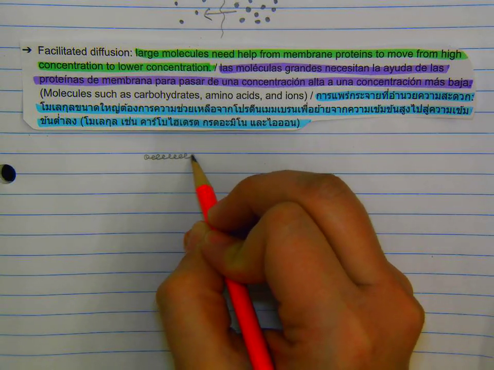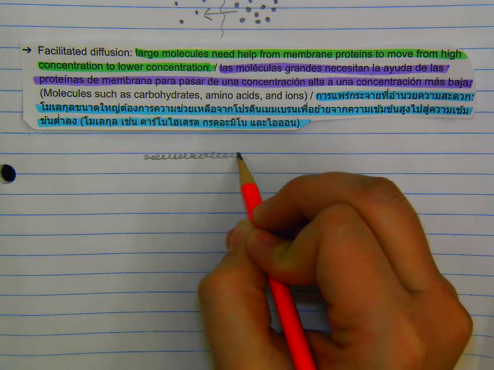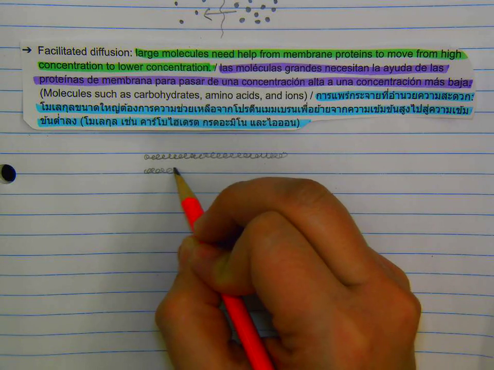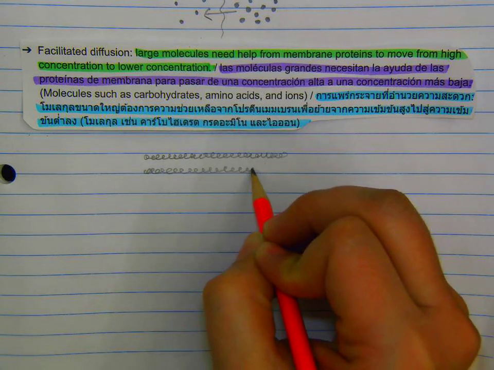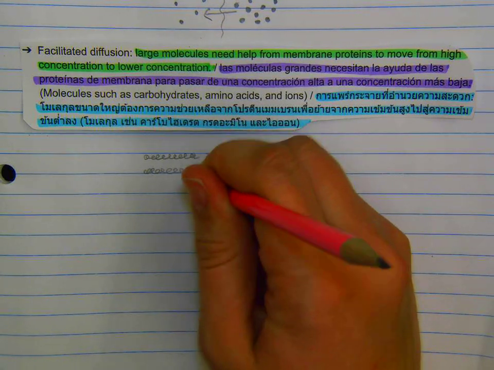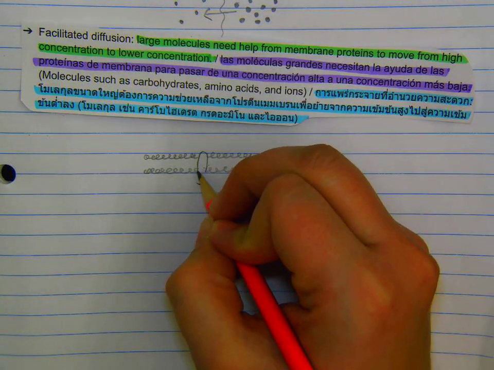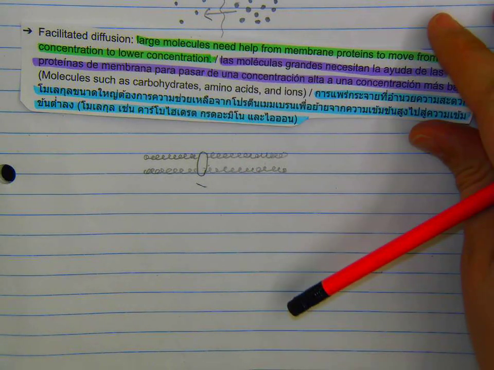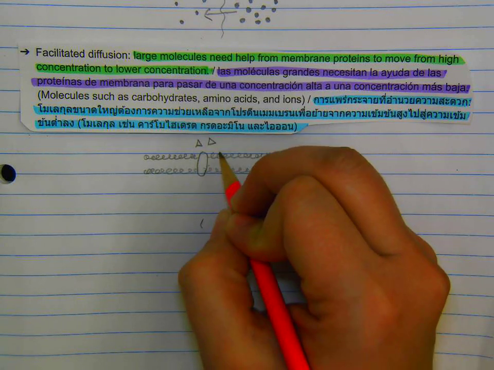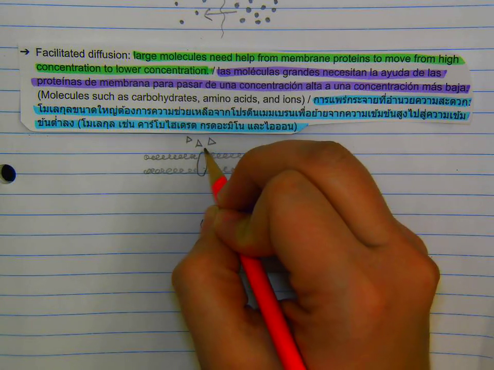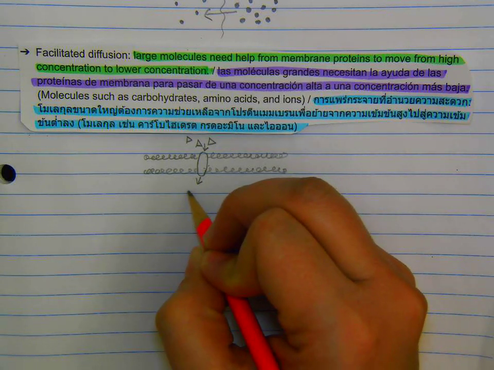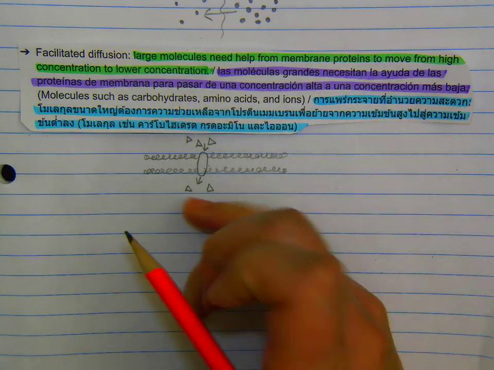I'm going to draw my cell membrane a little bit differently this time. Cell membrane in its phospholipid bilayer. And in this, we still have a protein, like a protein channel, that helps large molecules move into or out of the cell.